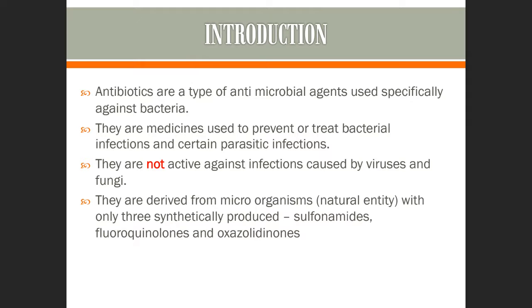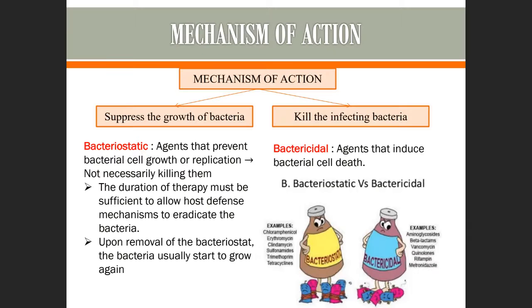They are derived from microorganisms, as natural entities, and some are synthetically produced: sulfonamides, fluoroquinolones, and oxazolidinones. So these are different types of antibiotics, either derived from natural entities or synthetically produced.